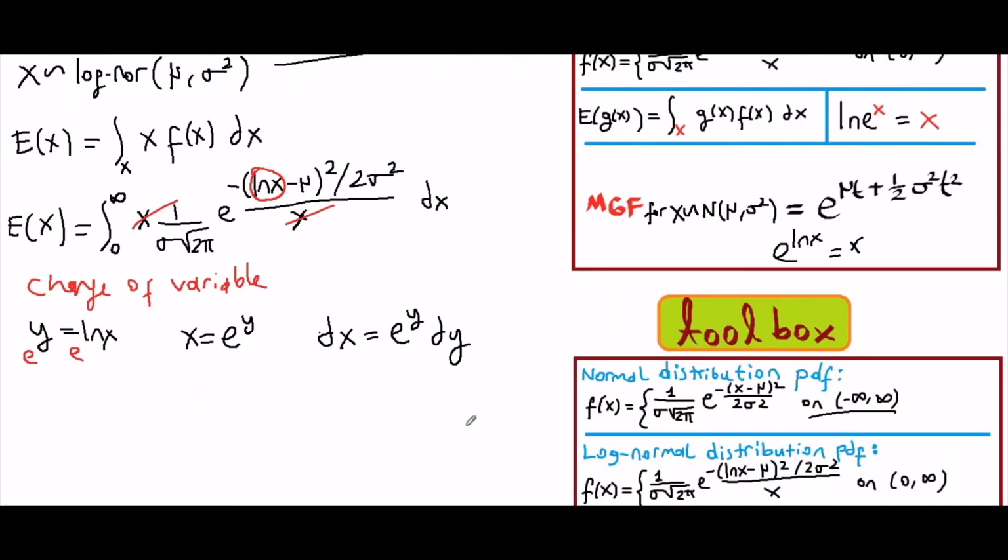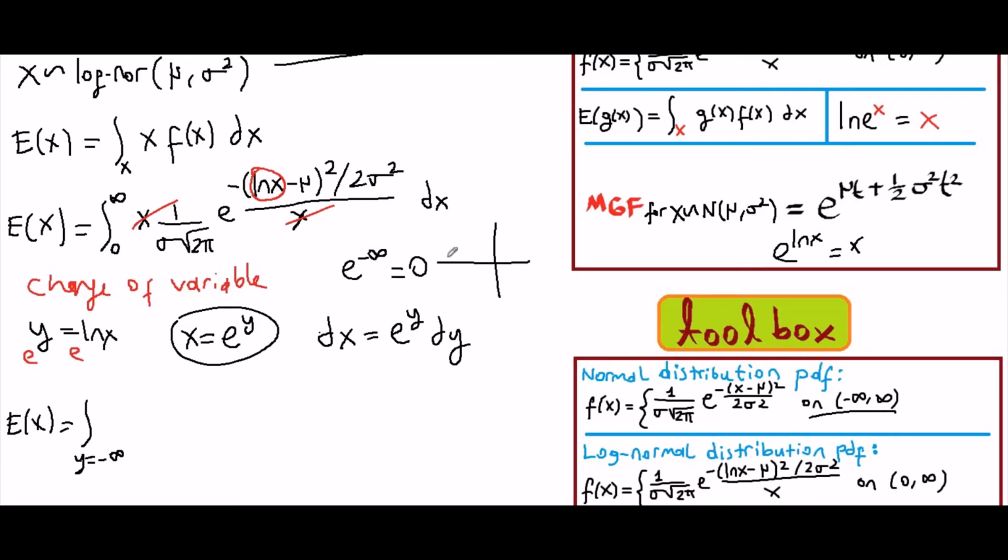Now let's write everything in terms of y and check the limits of the integral. So our expectation will be equal to the integral. When x is equal to 0, our y will be equal to negative infinity because e to the negative infinity is equal to 0.